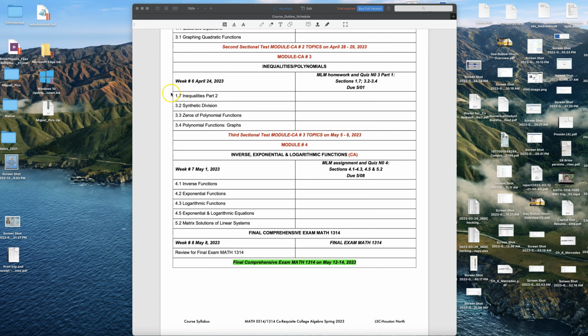One portion is about sections 1.7 and 3.2. The other part of the homework for module 3, which is part 2, is for sections 3.3 and 3.4. I split that into 2 homeworks and 2 quizzes, as you probably checked in my lab map.